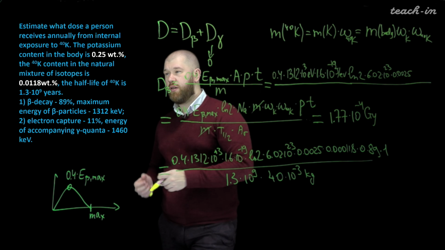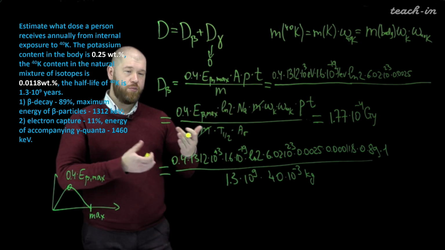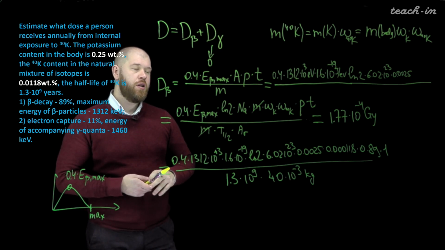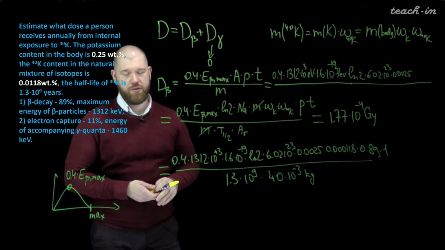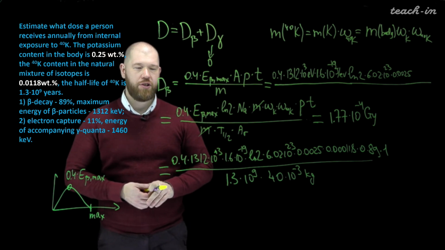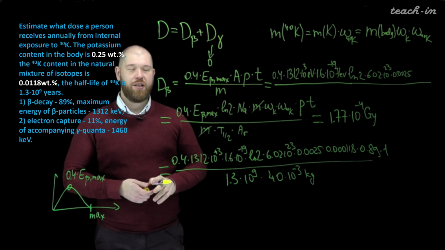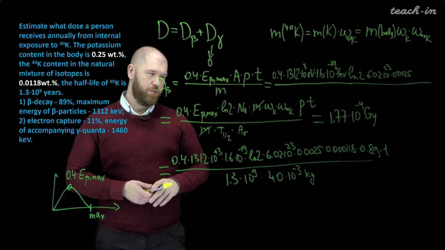And to calculate the equivalent dose, we have to multiply this absorbed dose by the weighting factor for beta radiation. Fortunately, the weighting factor for beta radiation is equal to 1, and thus it will be equal to the equivalent dose.